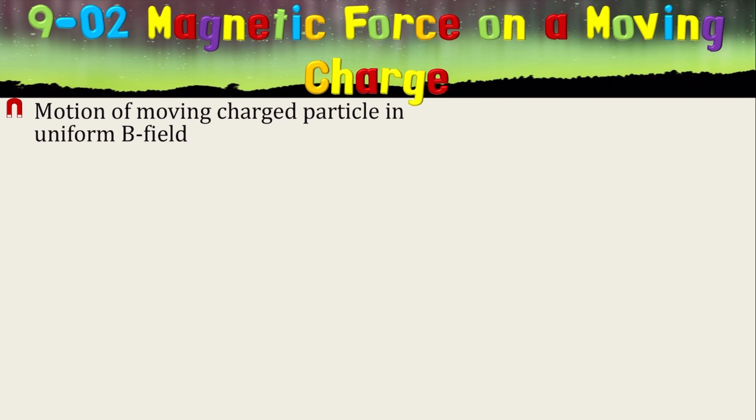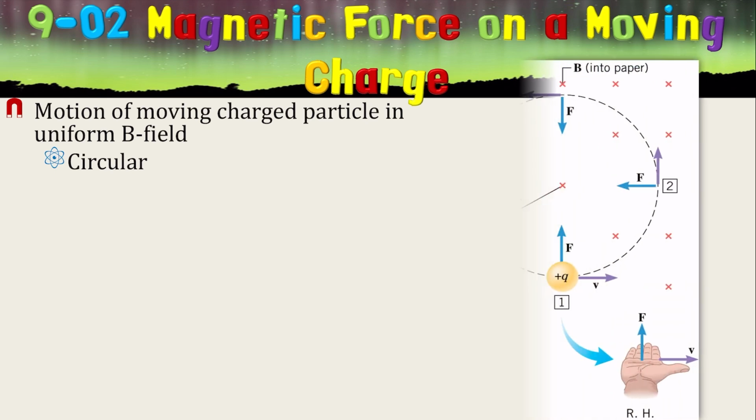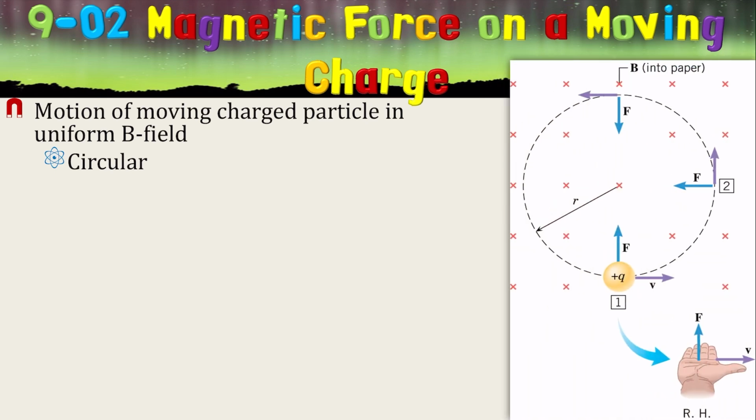So what would be the motion of a charged particle in a uniform magnetic field? Turns out it's circular. The force is QVB sine theta. But if it goes in a circle, then that force would be the force that makes it go in the circle.